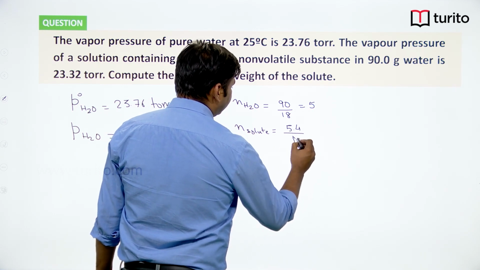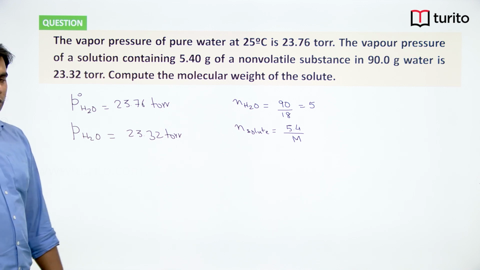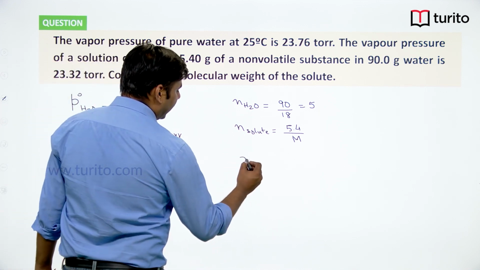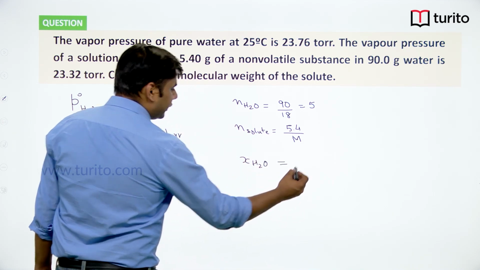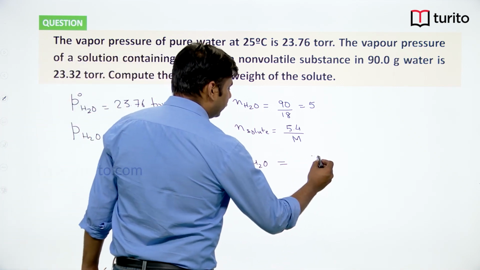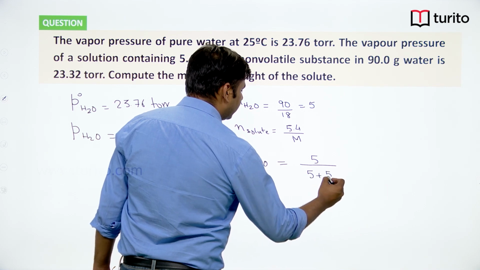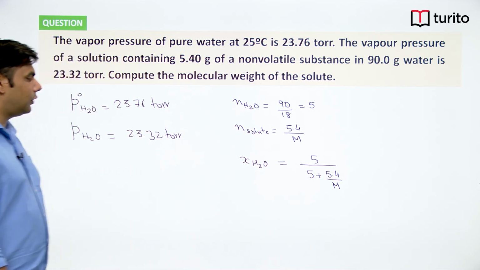Let the molar mass of the solute be capital M, so the number of moles of solute would be 5.4 upon M. So we know the mole fraction of solute and of solvent, where the solvent here is water. The mole fraction of solvent would be moles of solvent divided by total moles, and total moles would be moles of water plus moles of solute.